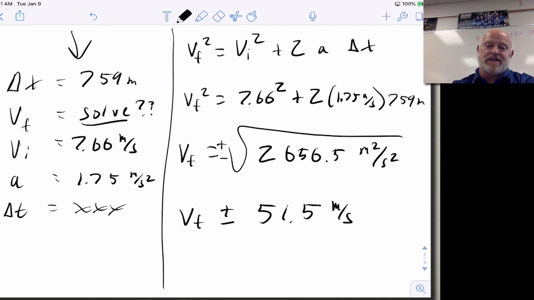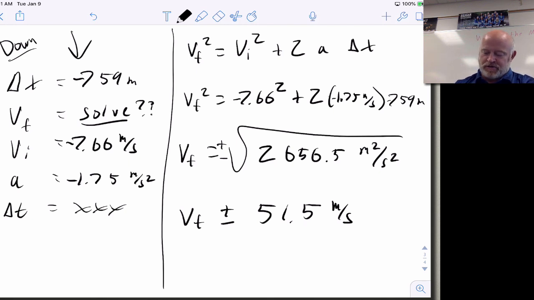If I want to say that down is negative, then this would be a negative, this would be a negative, this would be a negative. That's fine. If I don't want to do all that work, I can leave them as positive and say that down is positive. Either way it works.